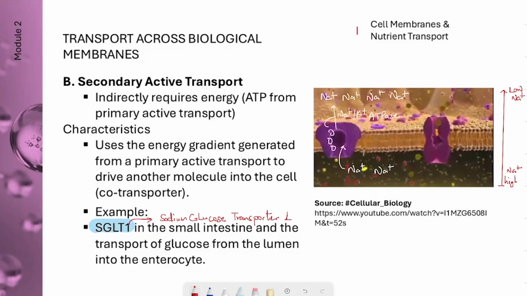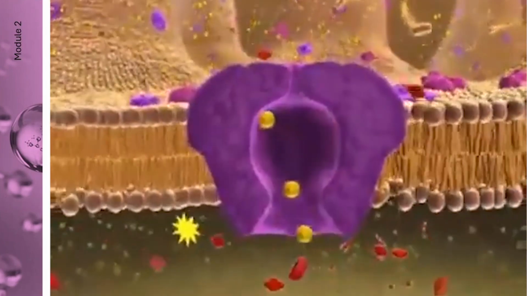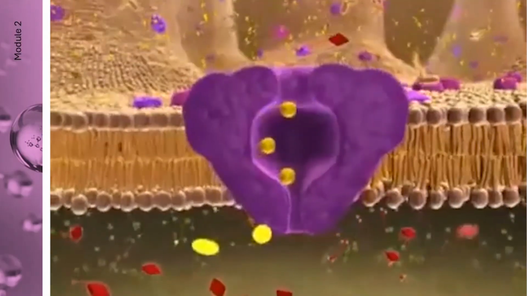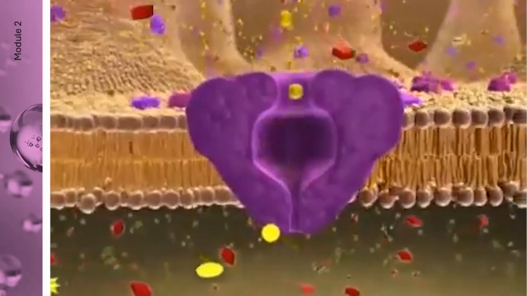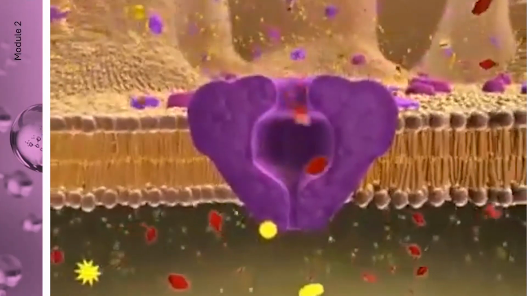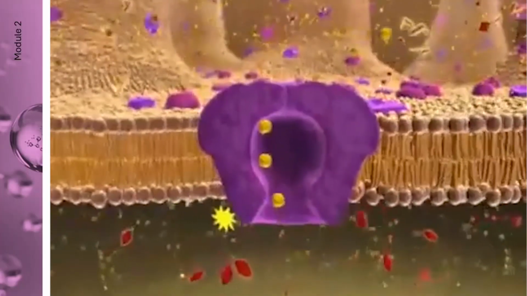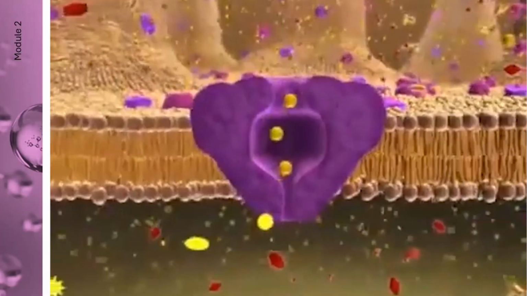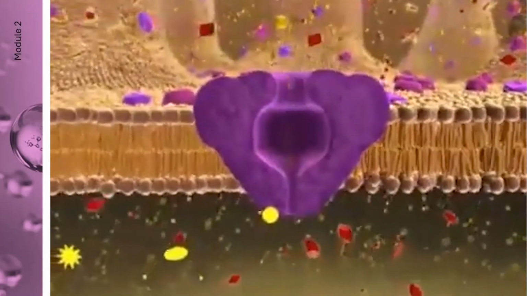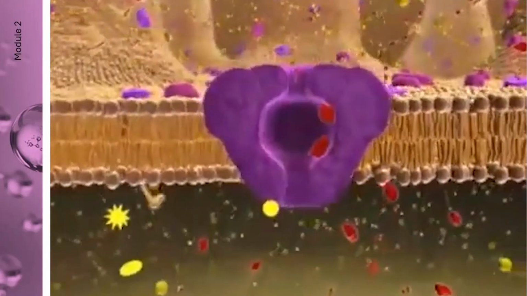Against the concentration gradient, the sodium potassium ATPase pumps the high sodium into the extracellular space against its concentration gradient. So it's like a pump. So you can imagine a pump working. It keeps pumping until it becomes higher in the extracellular space.